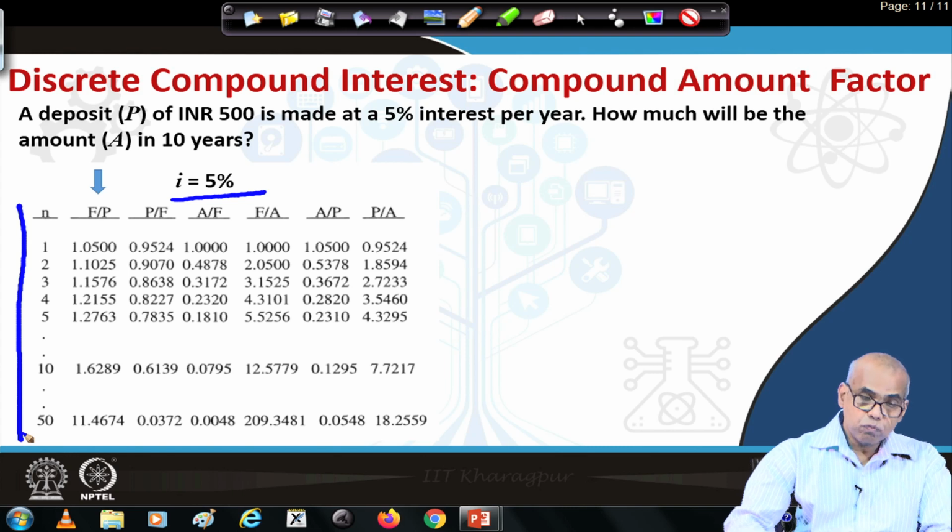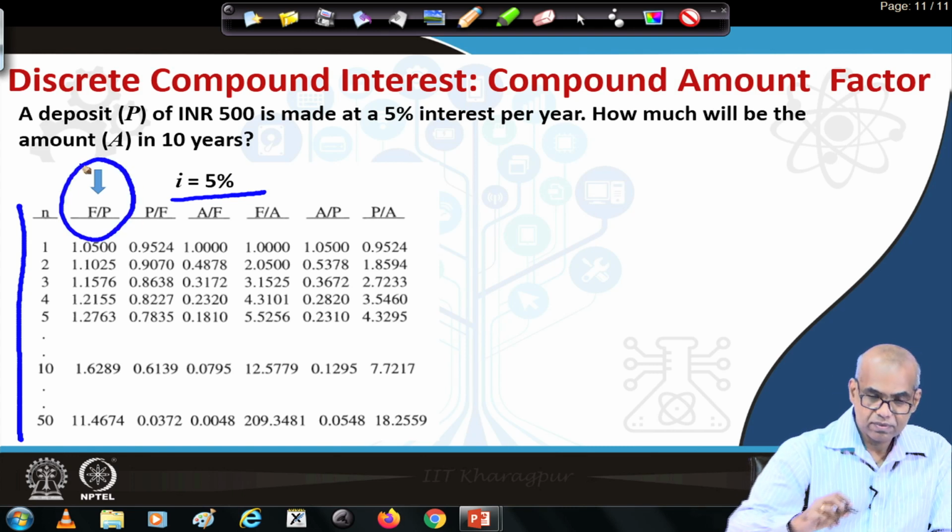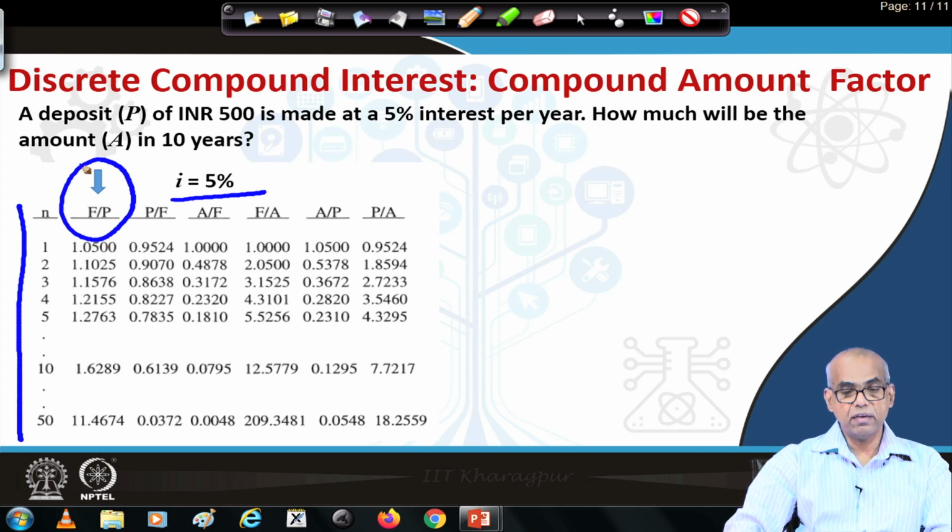Now, focus our attention only on the F by P factor. Later on, we will see that there are several other factors as indicated in the table. So, we will find out the F value, the future value, given the principal. So, we look at the factor F by P.